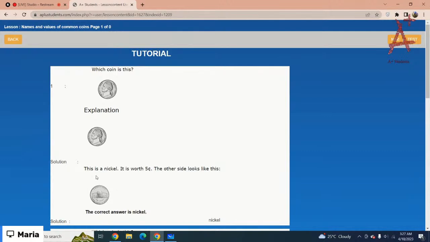This is nickel and it is worth 5 penny. Got it? That means the coin is nickel and it worth 5 penny. Got it? You have to memorize this. Just look at the coins and keep this in your mind that nickel is just 5 penny worth. Got it?